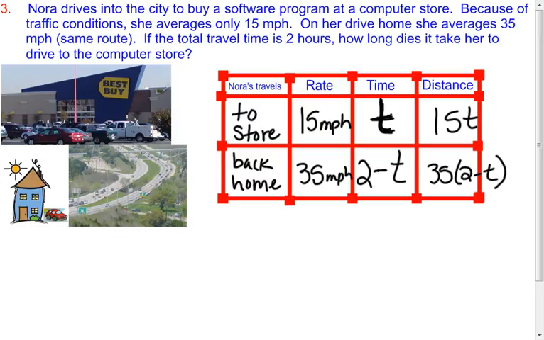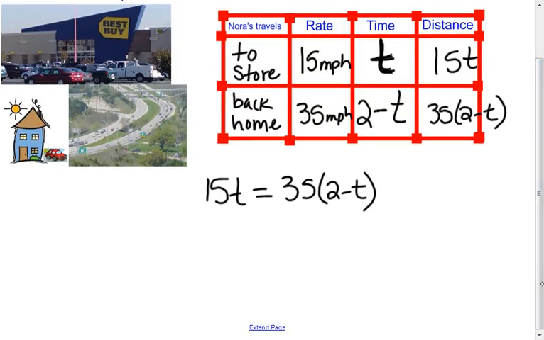Again, since I'm traveling the same route, my distance will be the same, and I can just make an equation where I take the to the store's distance, which is 15t, and set it equal to the back home distance, which is 35 times 2 minus t. Since I'm traveling on the same route, their distances have to be the same.